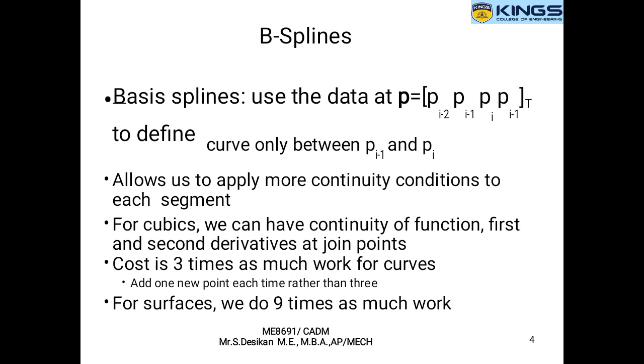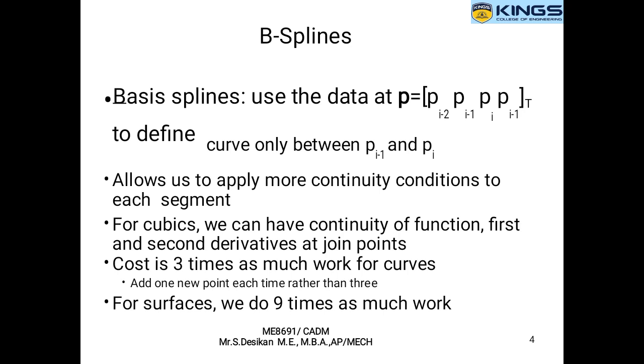From the continuity function we get the second derivative. The first derivative is nothing but the differentiation of an equation. Suppose 2x square is there, we differentiate and get 4x. If 2x is there, we differentiate and get 2. That is called a second derivative.